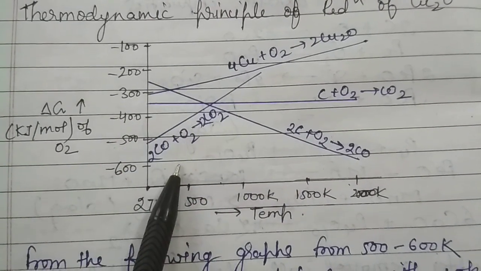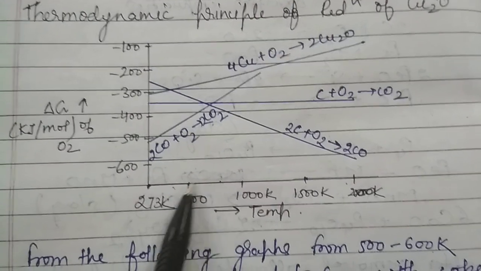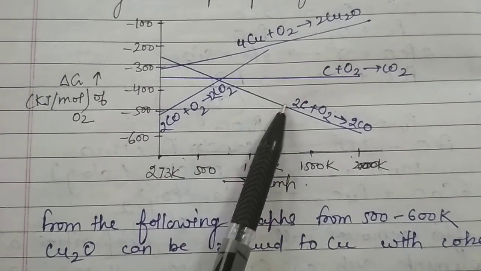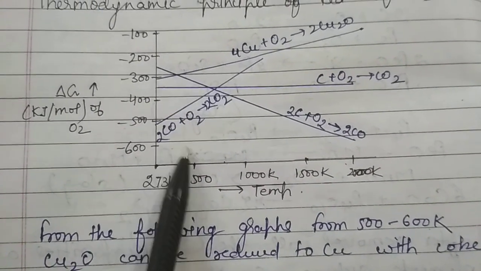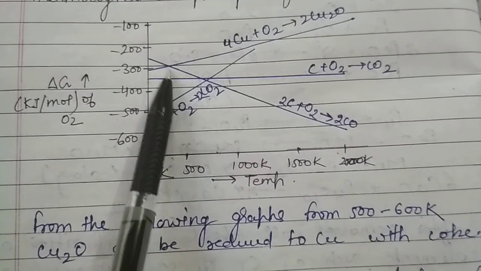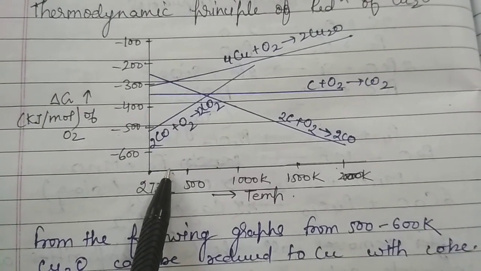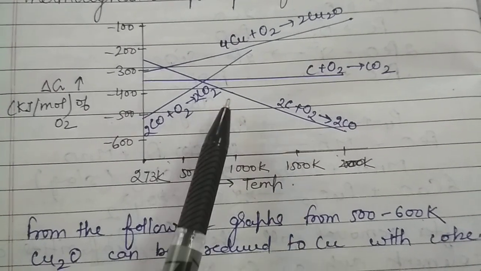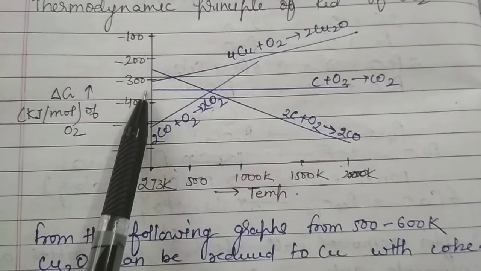But at 500 to 600 Kelvin, the most appropriate reducing agent would be coke, because around 350 to 400 Kelvin the graph is above the graph of copper to copper oxide.